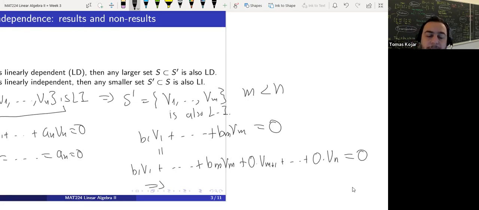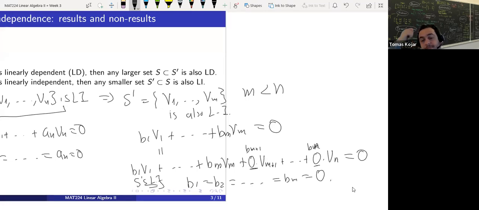And here you use that S is LI. So you get that B1, B2, all the way to Bm are equal to the 0 coefficients, as are Bm plus 1 through Bn. Okay, that's it.